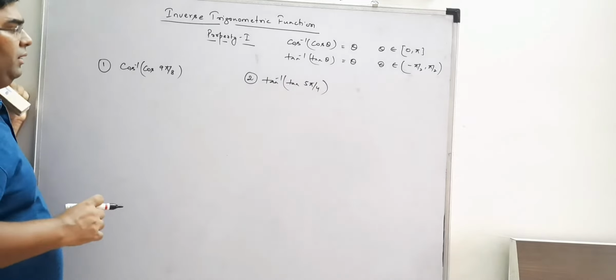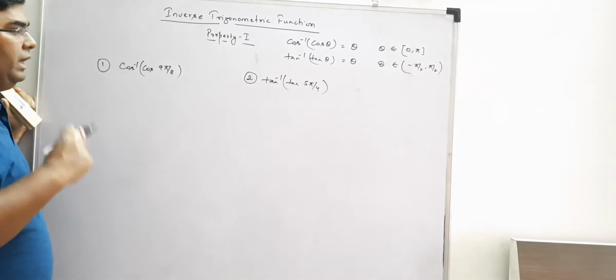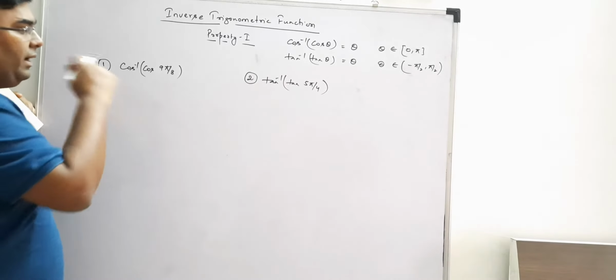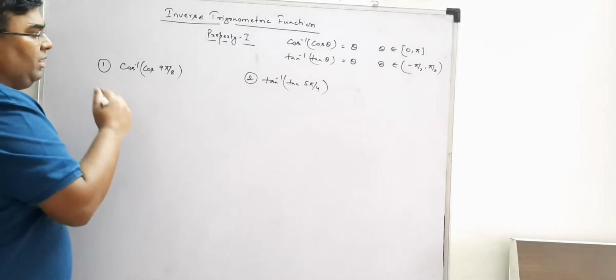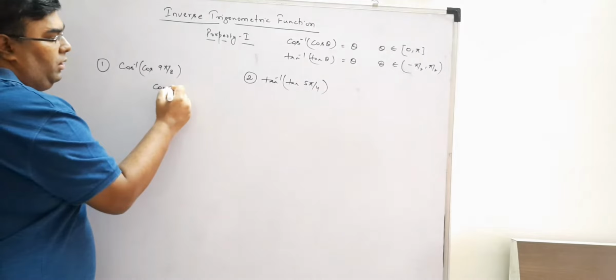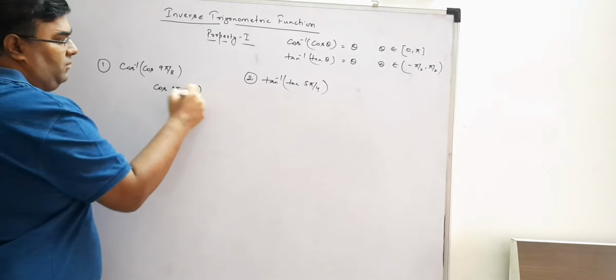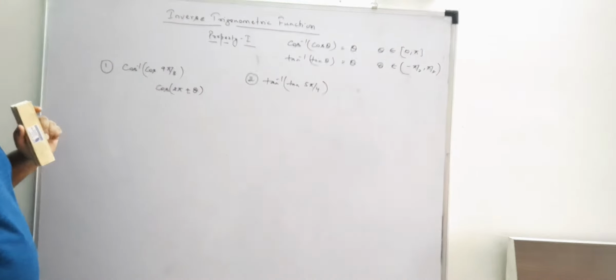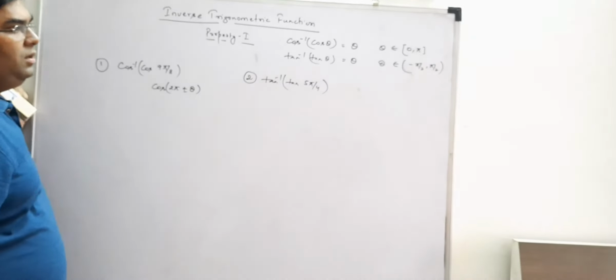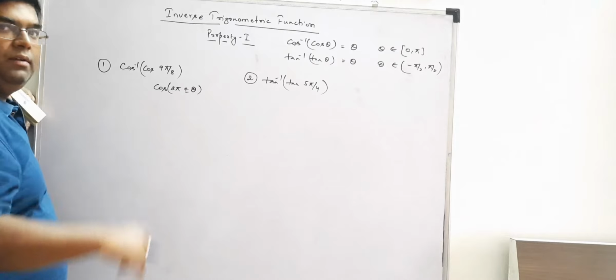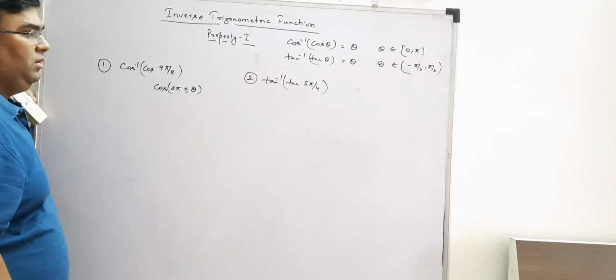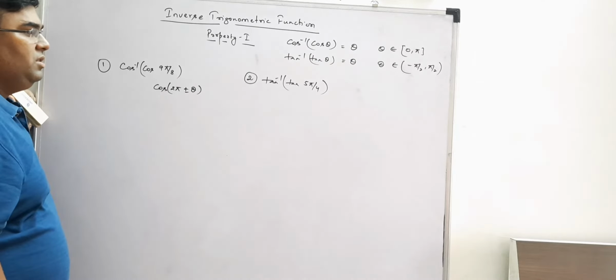Now again, if we remember how to keep cos intact, we will have cos of either 2 pi plus minus theta, because cos is positive in the first and fourth quadrant. So we can use cos of 2 pi plus minus theta.